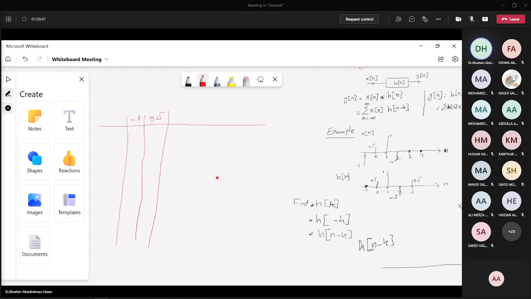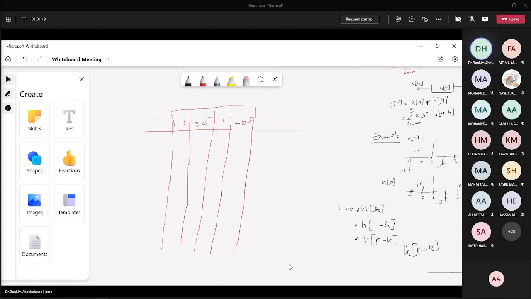Then we have 1. Then we have minus 0.5. So this is x. The values are minus 1, 0.5, 1 and minus 0.5.